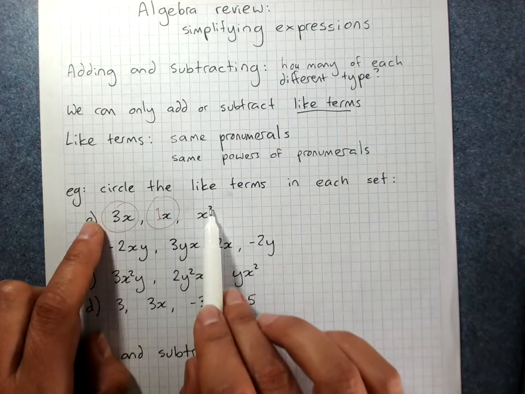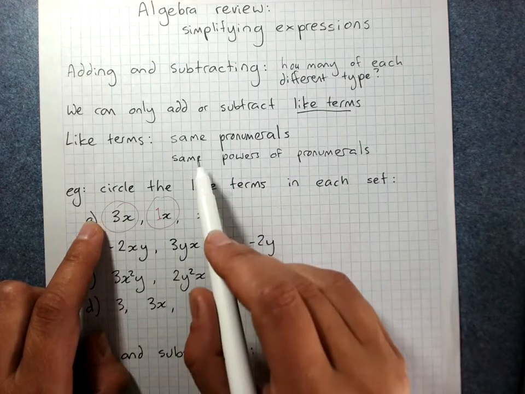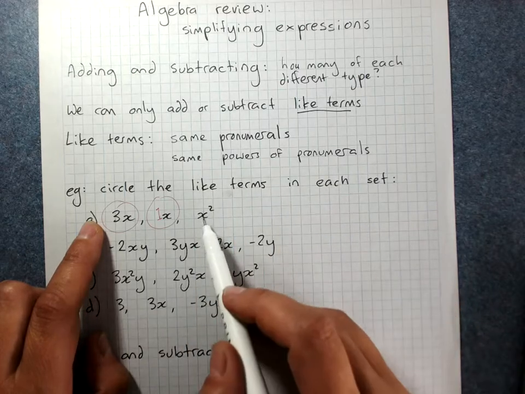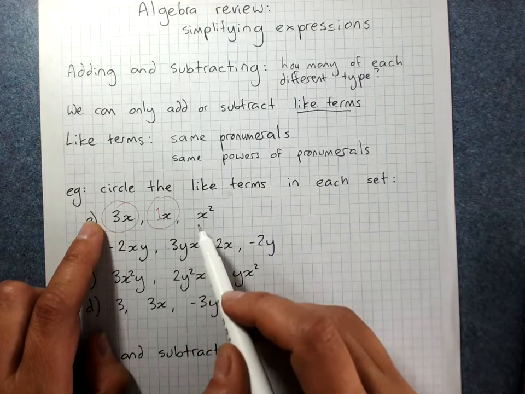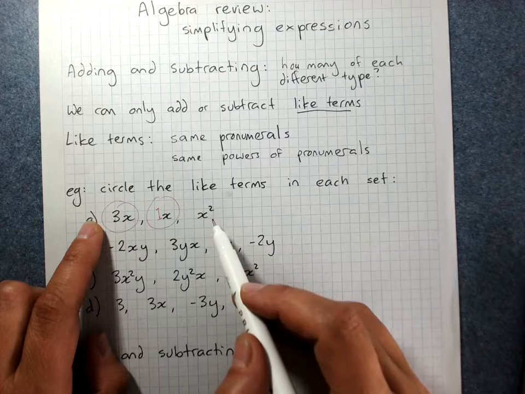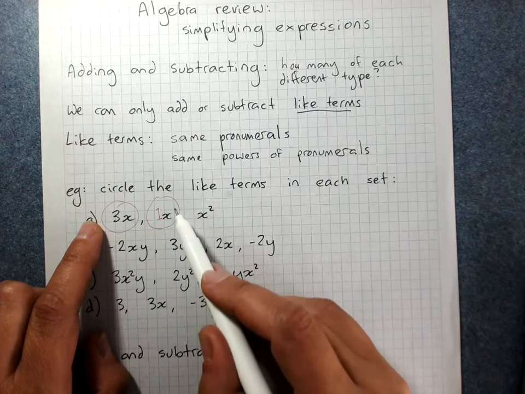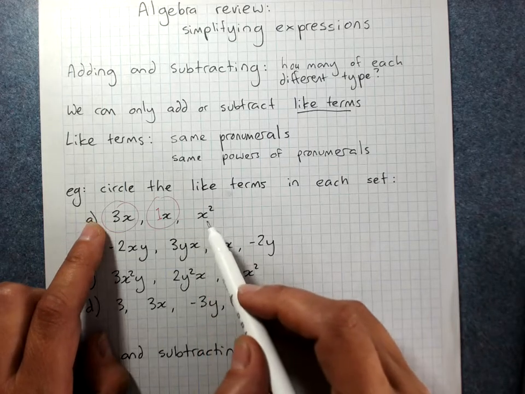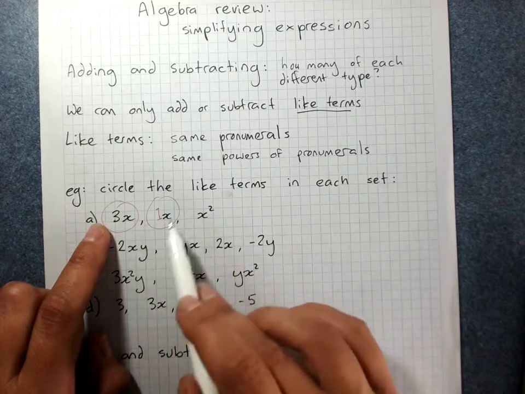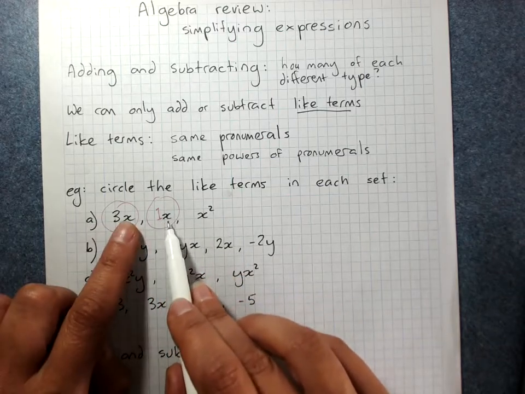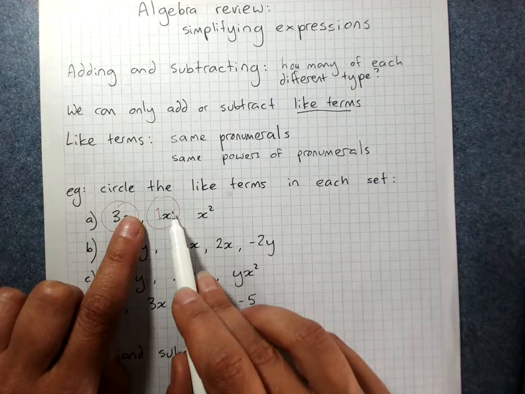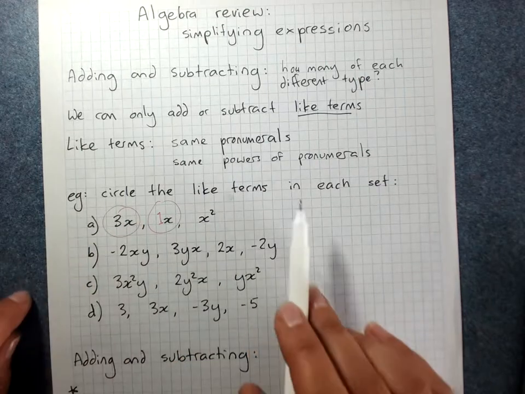But x squared has a different power of the pronumeral. This is 1 lot of x squared. That's something else. The power of the pronumeral is different. They're not like terms. These two are like terms. Same pronumerals, same powers of the pronumerals.